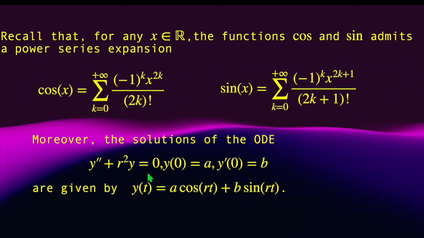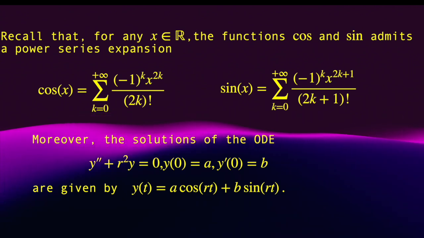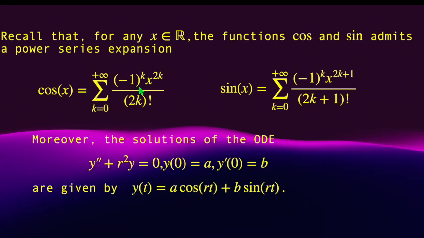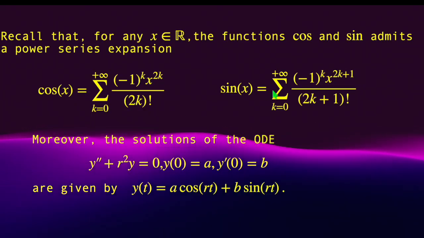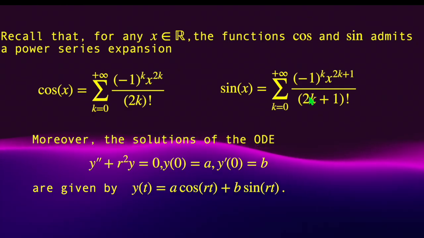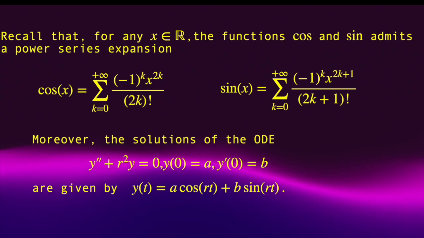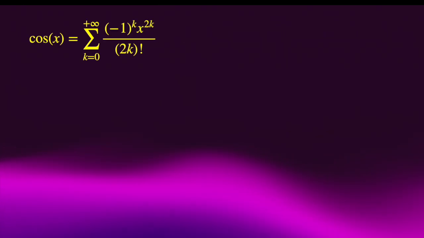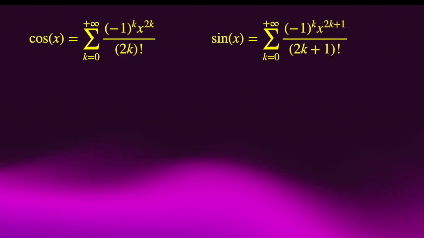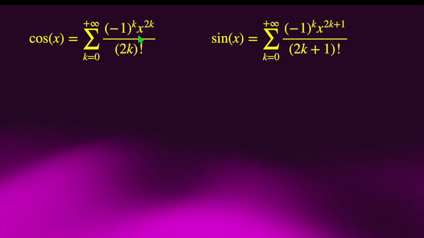Okay, so now with this remark, we can use these two formulas to define the cosine and the sine of a square matrix. The idea is to see that here we can replace x by a matrix.